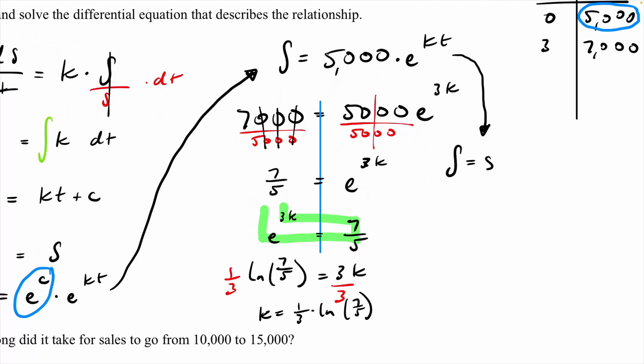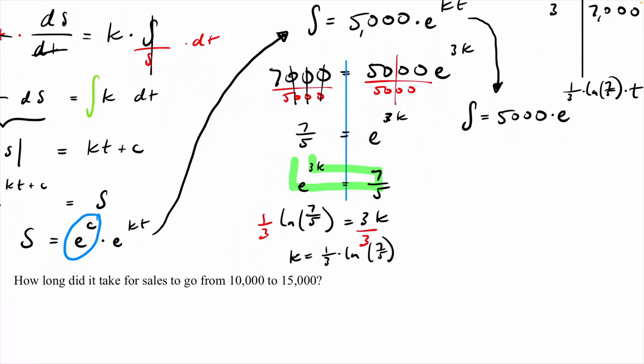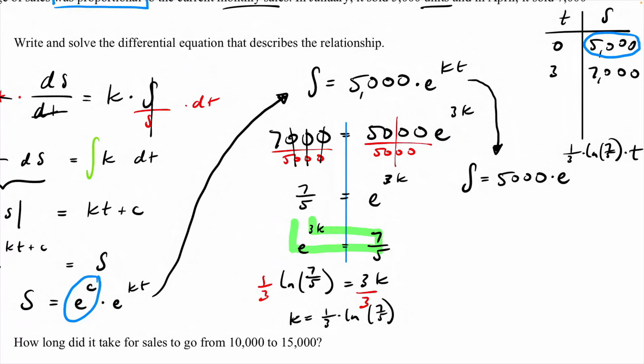S equals 5,000 times e to the 1/3 times natural log 7/5 times t. That's when they said write and solve a formula, that's it right there. Okay, that's the guy we want.